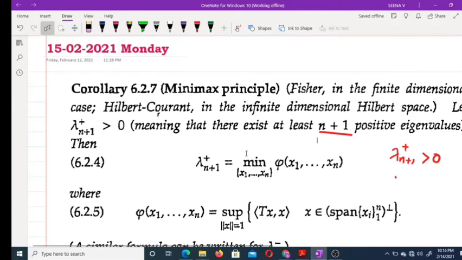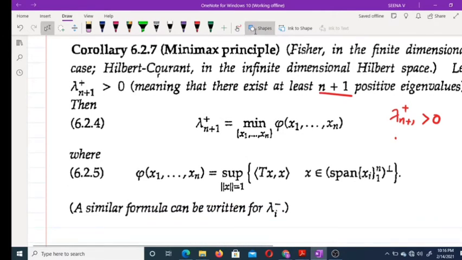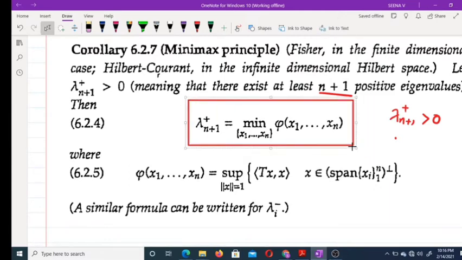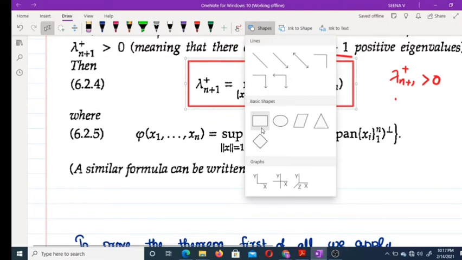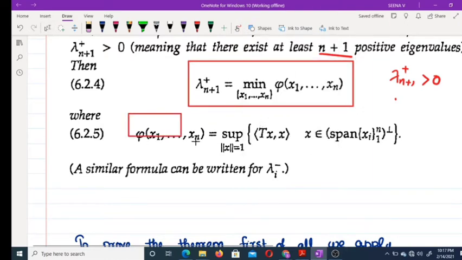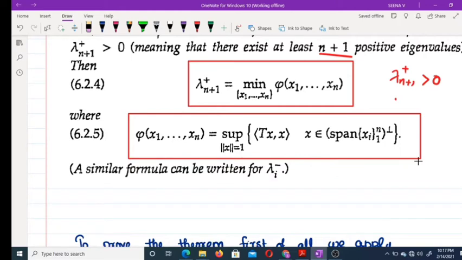Then the result says that lambda n plus 1 plus is equal to the minimum over x1, x2, etc., xn of phi of x1, x2, etc., xn. Now what is phi of x1, x2, etc., xn? Phi of x1, x2, etc., xn is the supremum, over norm of x equal to 1, of the inner product of Tx, x, such that x is in the span of xi, i varies from 1 to n, perp.